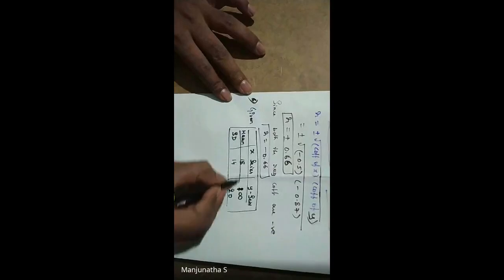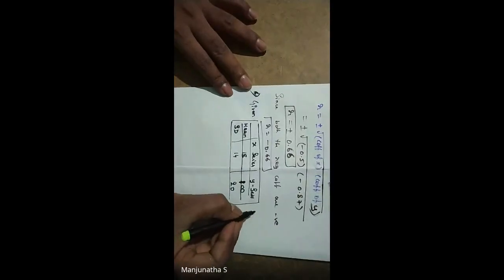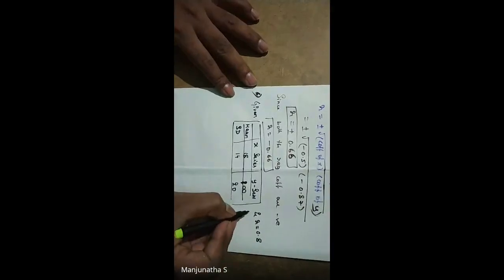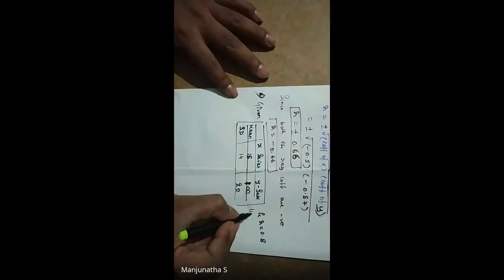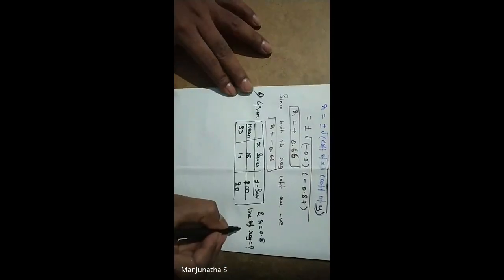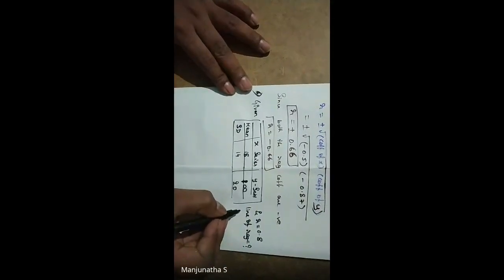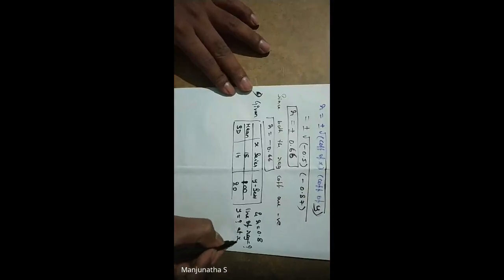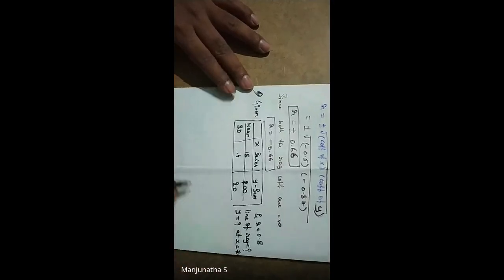Now what we need to find: R is given as 0.8, and compute the lines of regression. And also find Y when X is equal to 70. That is, at X is equal to 70, we need to find Y.